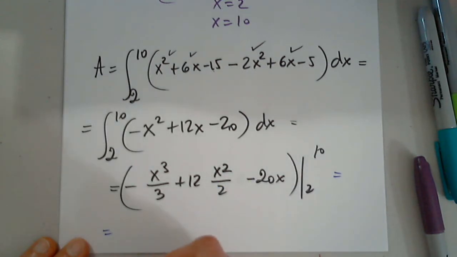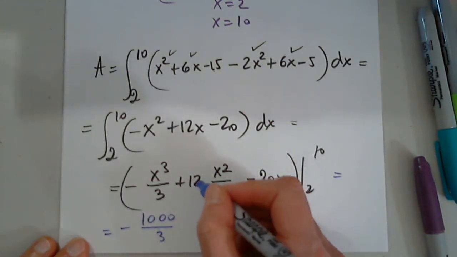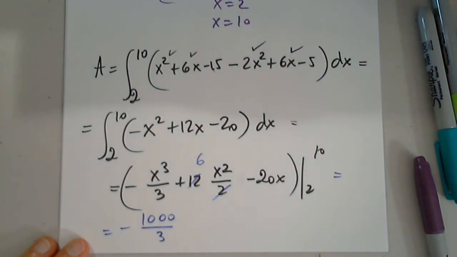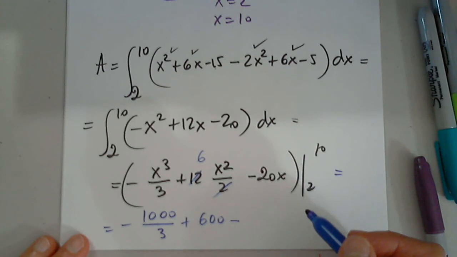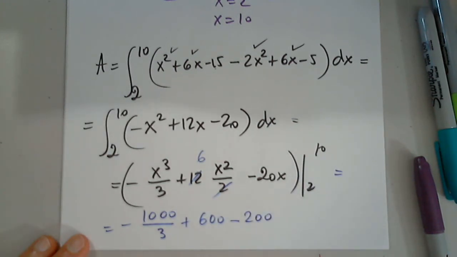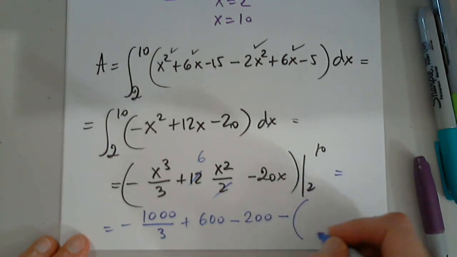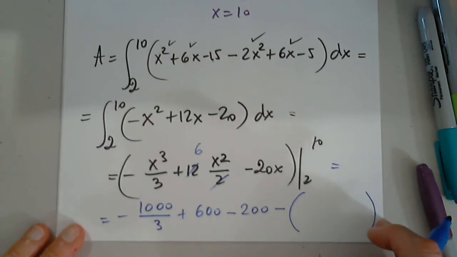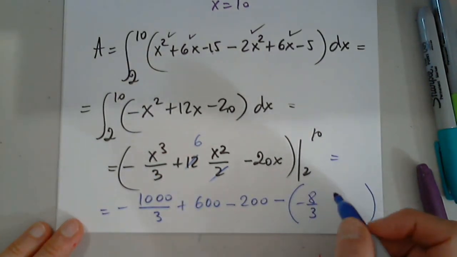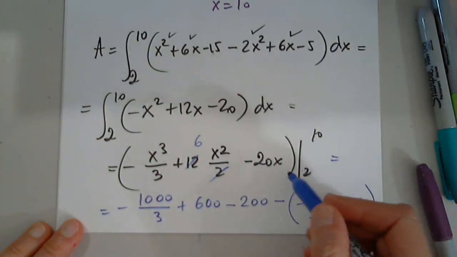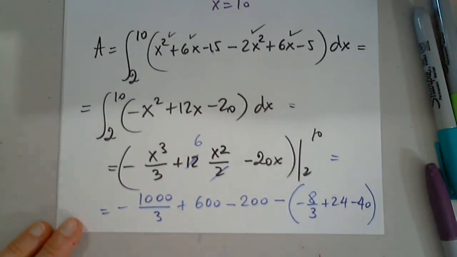Okay, I have to plug in 10: minus 1,000 divided by 3, plus 6 times 100, which is 600, minus 200. But now minus, put parentheses so you don't forget to distribute a negative sign. 2 here, negative 8/3. 2 here, 6 times 4, 24. And 2 here is minus 40.